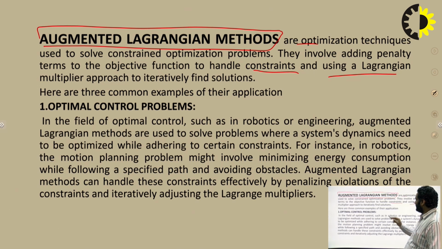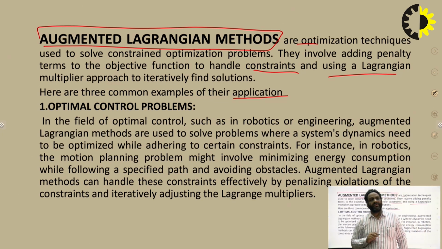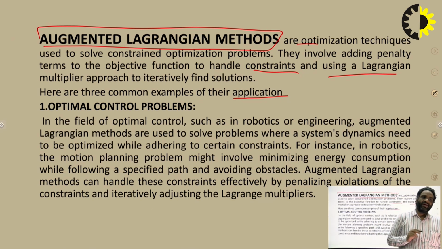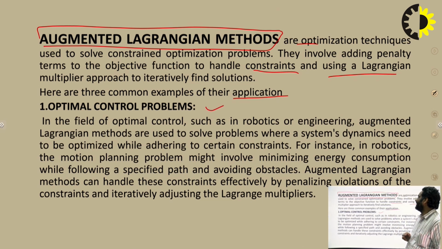Here are common examples of their applications. It is also a very common approach through which we optimize. In a problem where we have a number of constraints, we can find the optimal solution.